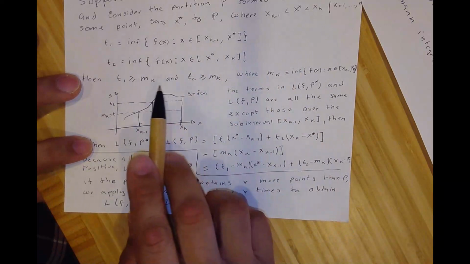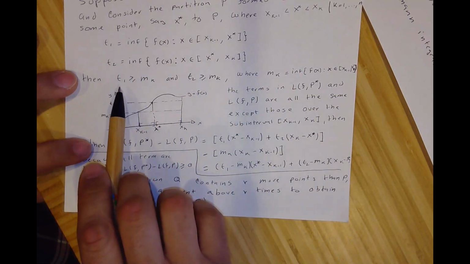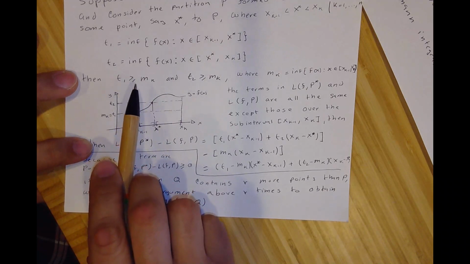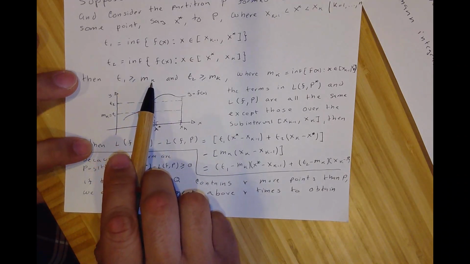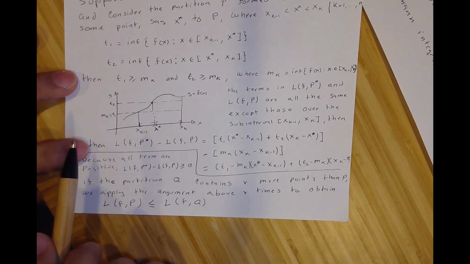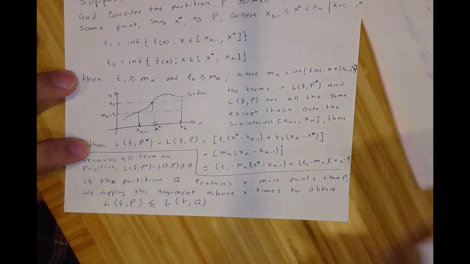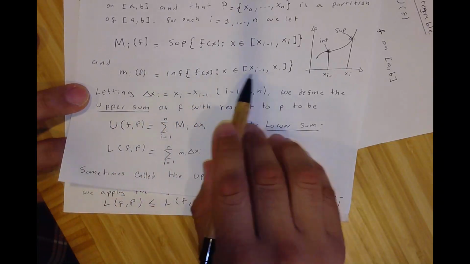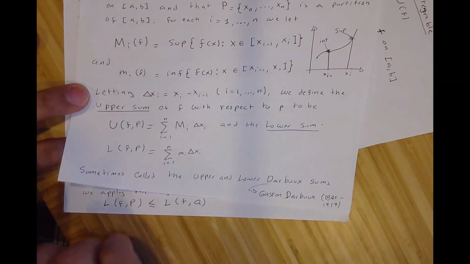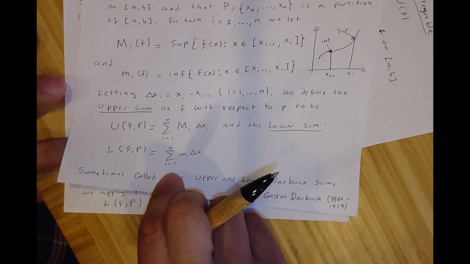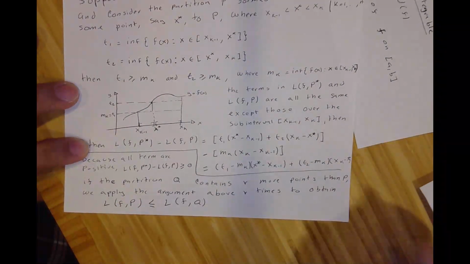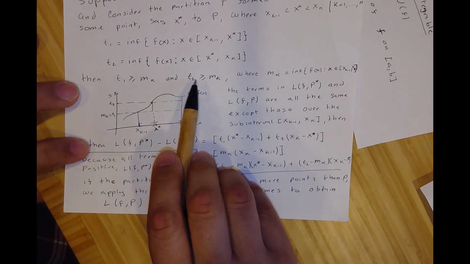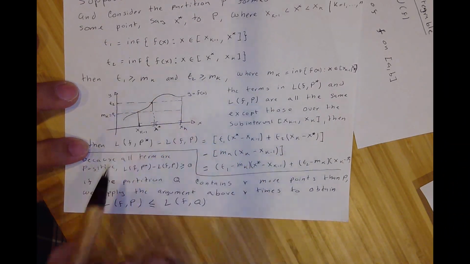So what we said is that t1 is greater than or equal to m_k, remember that lowercase m is the infimum of the function over the interval inside the partitions, and t2 is also greater than or equal to m_k.